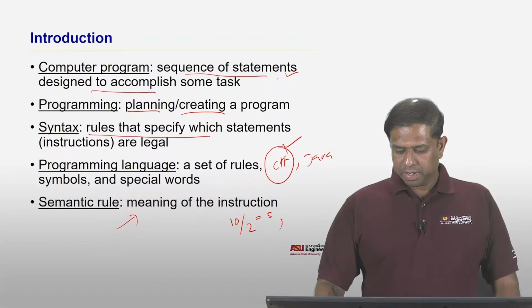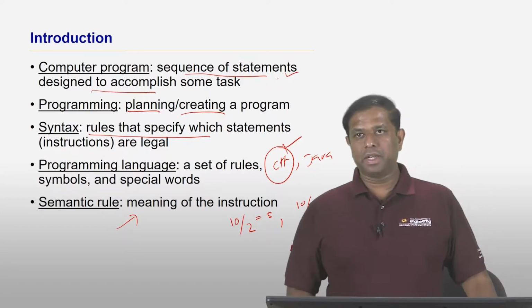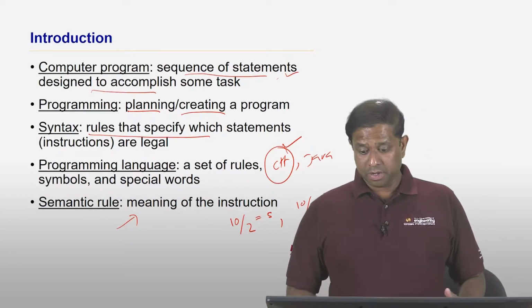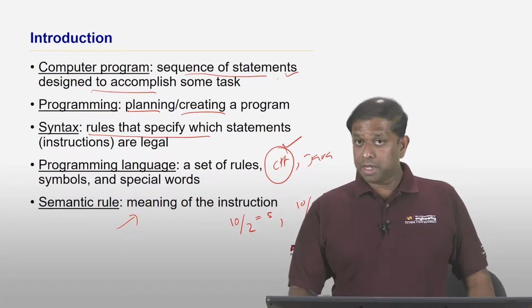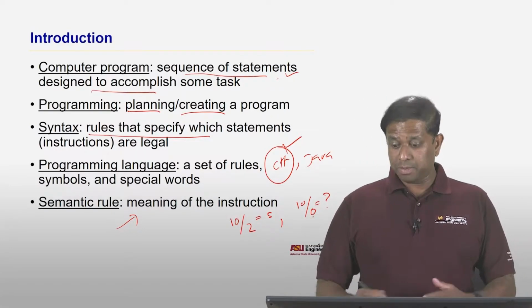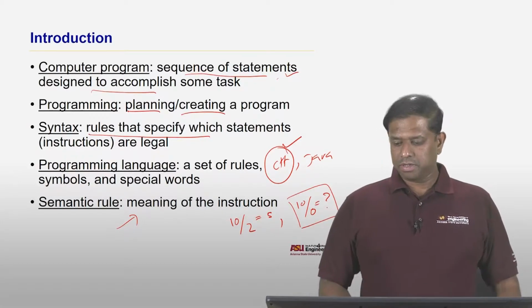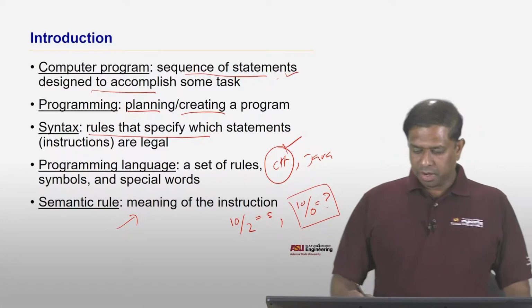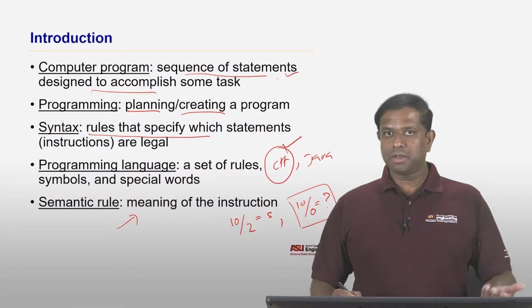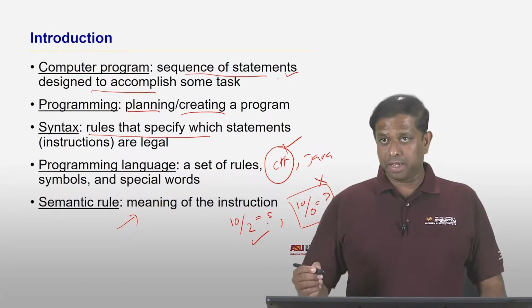However, if I say 10 divided by 0, this really does not have any meaning, because we really cannot divide anything by 0. But technically this seems correct because we have 10 at the top and 0 at the bottom, and both are numbers. So according to syntax rules, this is a correct statement. However, according to the meaning of the statement, it has no meaning.